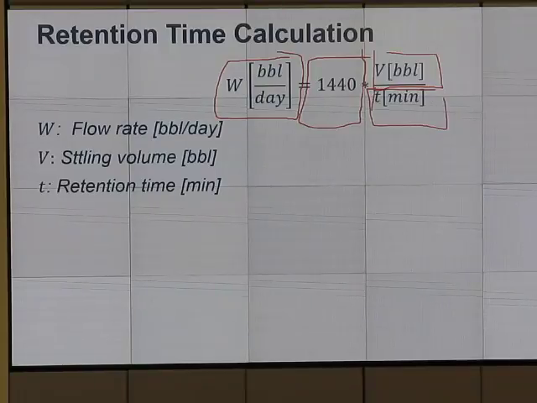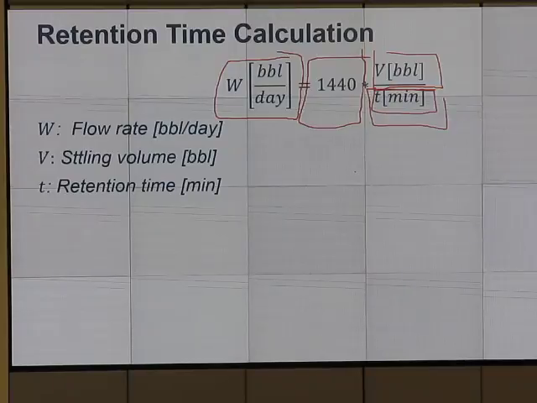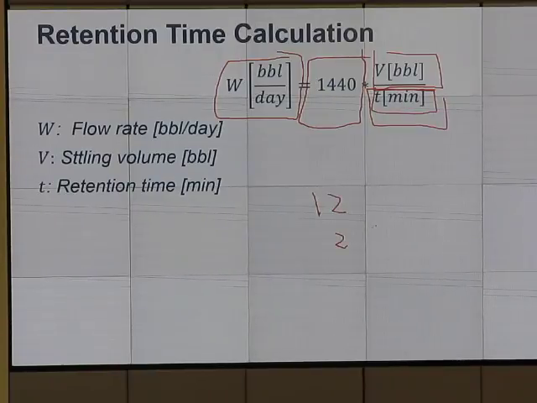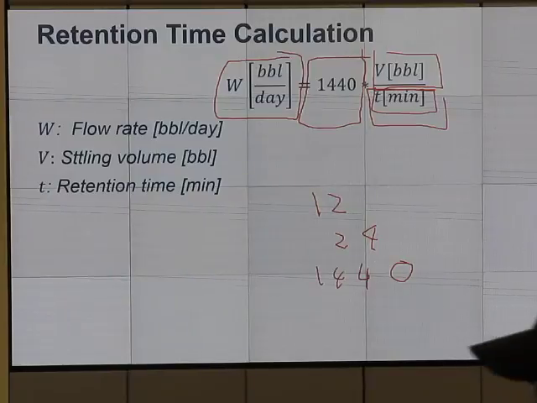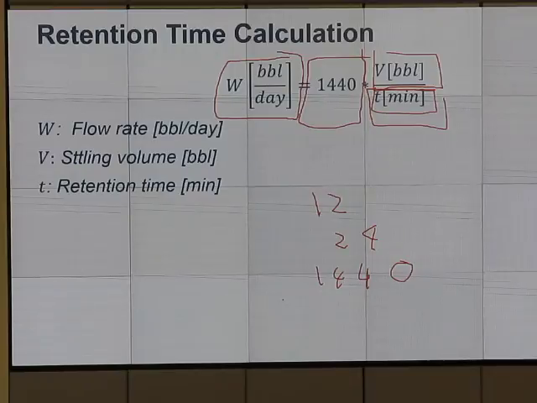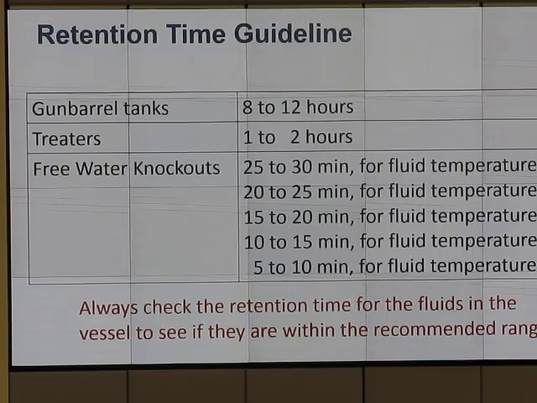Instead of time in days, 1 day has that many minutes. 60 multiplied by 24, so you get 1440. Okay, that's what we talked about already.